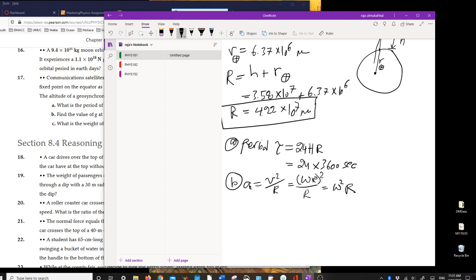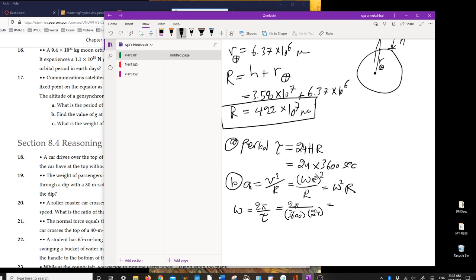Of course, I want to calculate omega. I know that omega is 2 pi over tau. Tau I already calculated for you right here, right? So that's just going to be 2 pi divided by 3,600 seconds times 24, and then we do the calculation of this, and then let me use my calculator. Bear with me. So I have here 3,600 times 24.